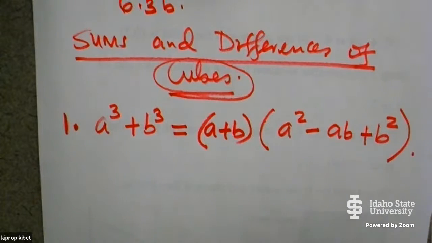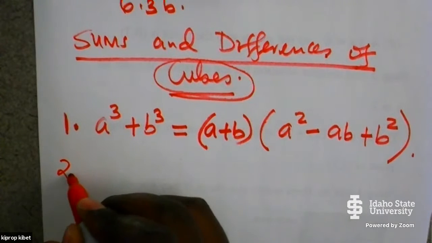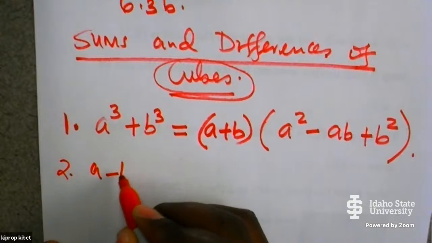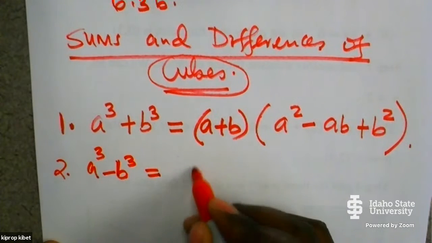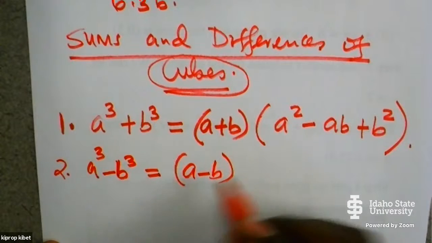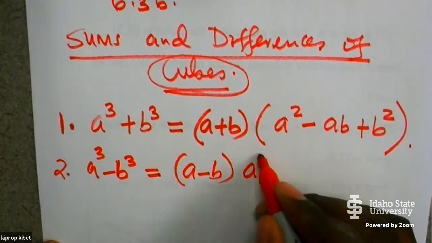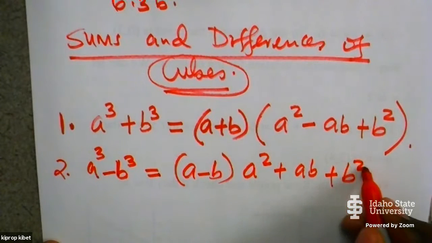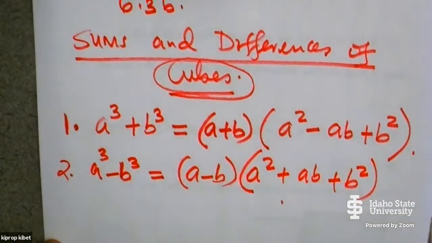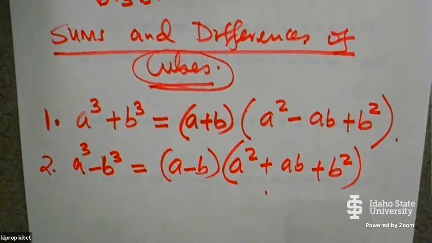Number 2, a cube minus b cube is similar to a minus b times a squared plus ab plus b squared. So you can see the difference there. For a cube plus b cube, this is plus, and there is this one.